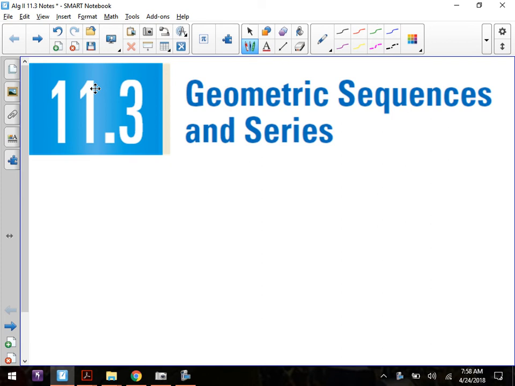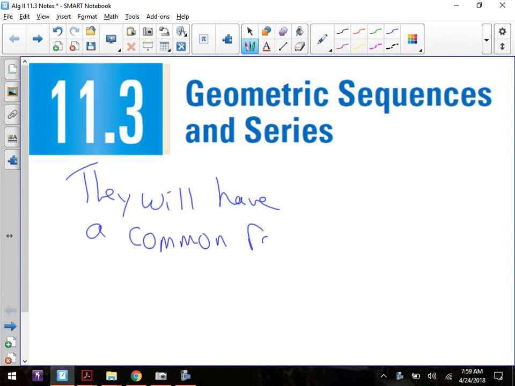Common rates. Okay, so geometric sequences will have a common rate.